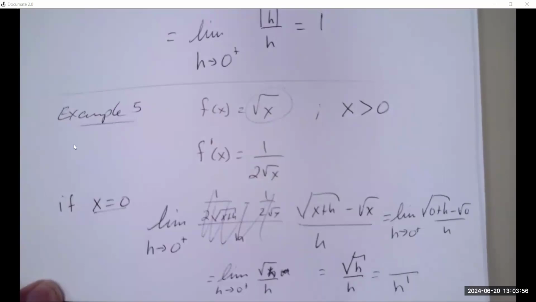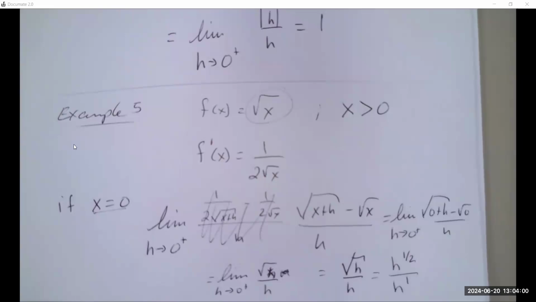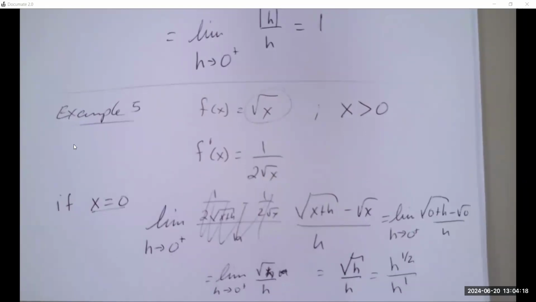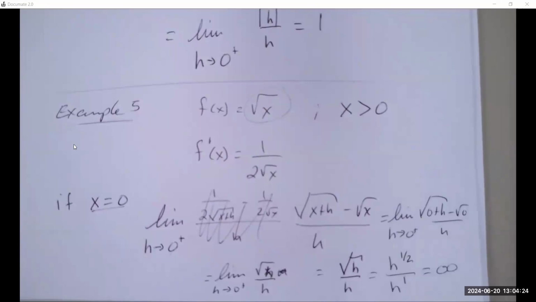What's the power of the numerator? 1/2, square root. Since the denominator has a larger exponent, as we're going to 0, what happens to this function? Goes to infinity because the bottom goes to 0 faster.